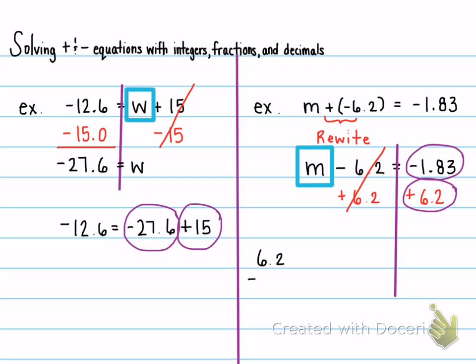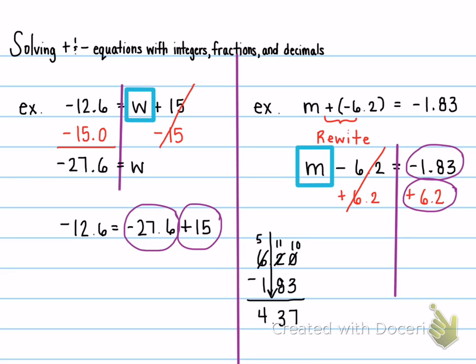6.2 minus 1 and 83/100, just to make sure that I'm getting this right. I'm going to add that 0 there. You can solve the problem as I am. Hopefully I'm not making any mistakes today.